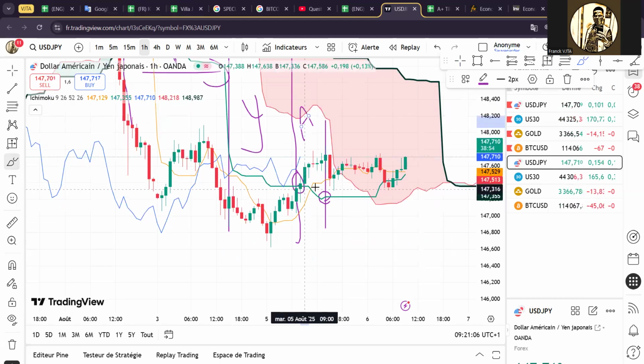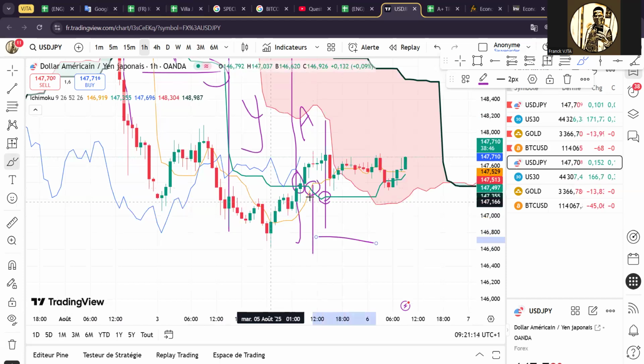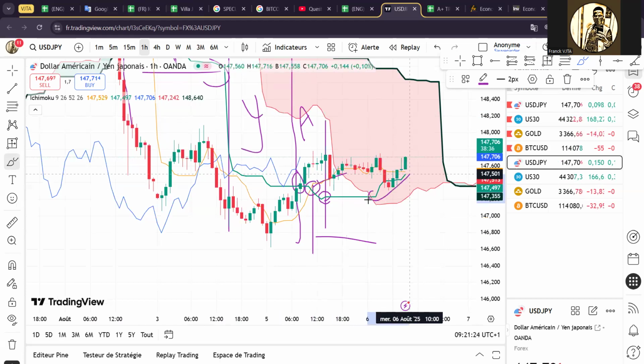But the old started since Tenkan now starts to go up on the other side of Kijun to the upside. And now Kijun is inside the cloud. So we are old.